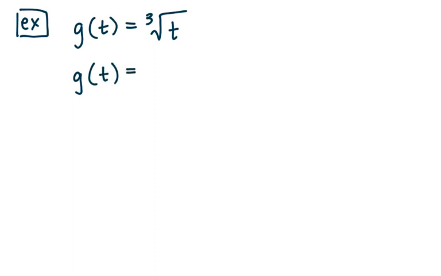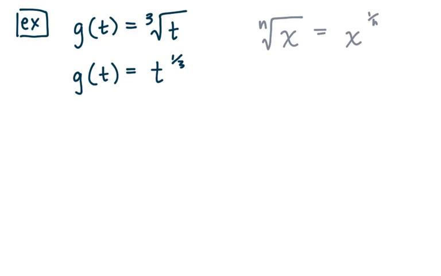But I can rewrite that. I can say that g of t is t to the positive 1/3 power. We know that the nth root of any variable or number would be x to the 1 over n. So that's a radical turning into a rational power.